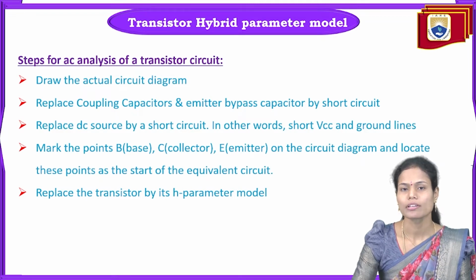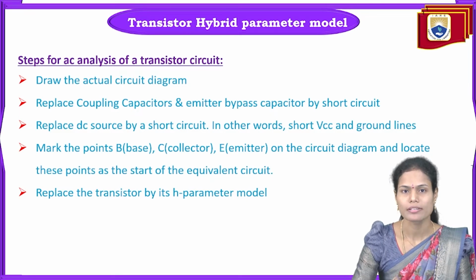We have to take the given problem as it is, with all the elements, all the resistances as well as all the capacitances, and along with the input and output signals we have to indicate them on the actual circuit diagram.